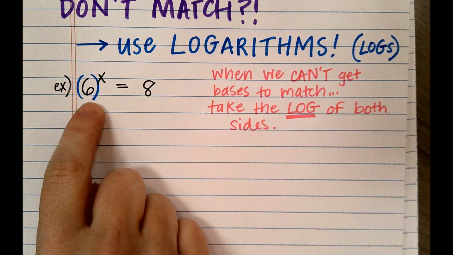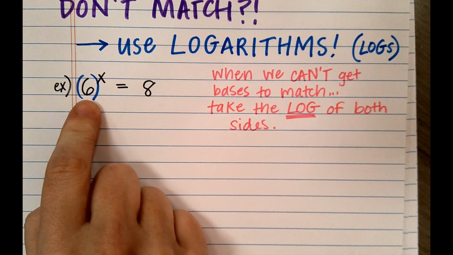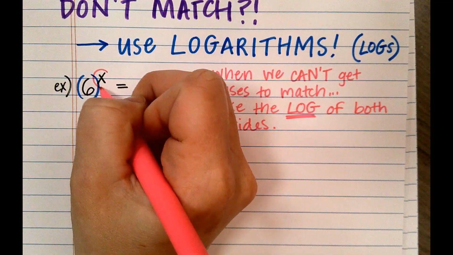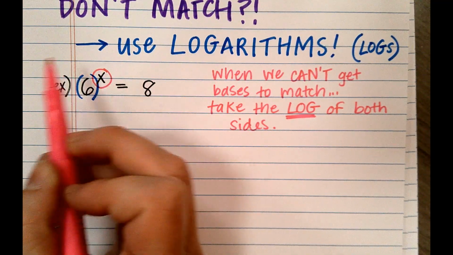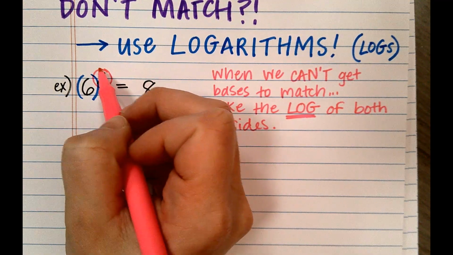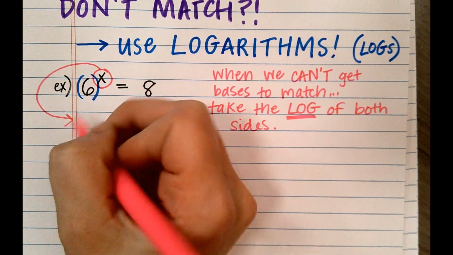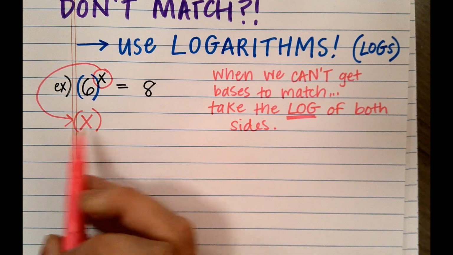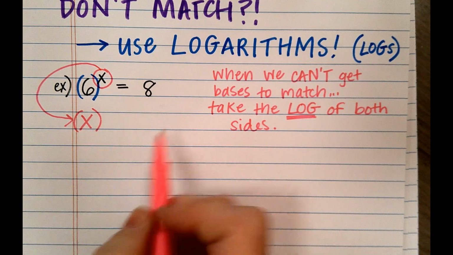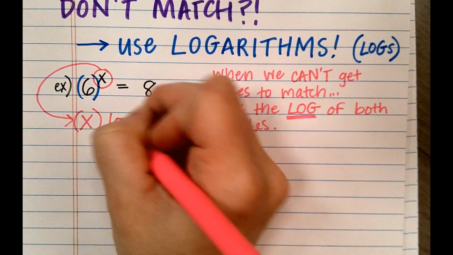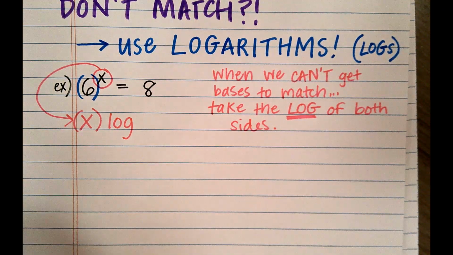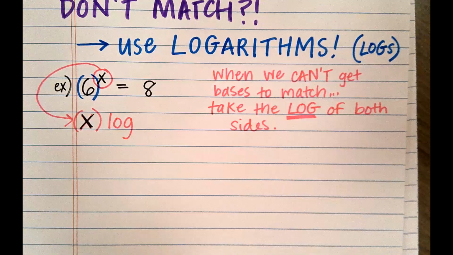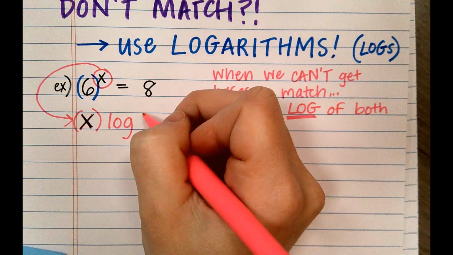Whenever I take the log of a number that has an exponent, here's what happens. My exponent goes out of the exponent spot and comes down to the front. Right here, so here's my x. Then log, and then we have 6.